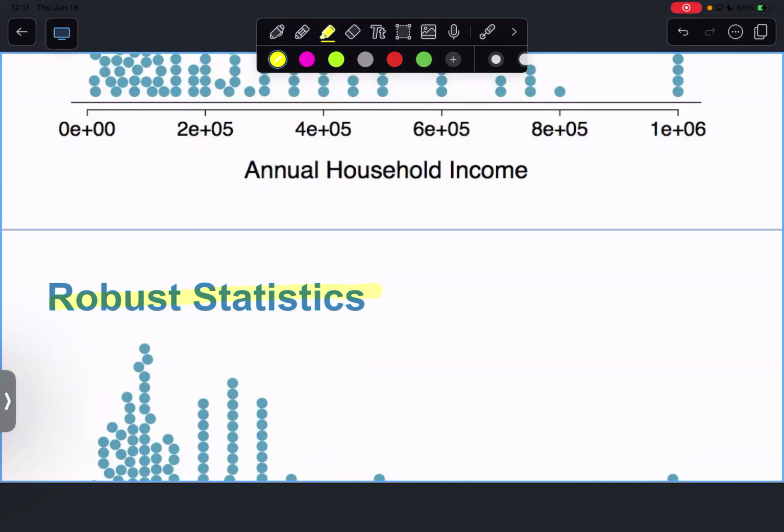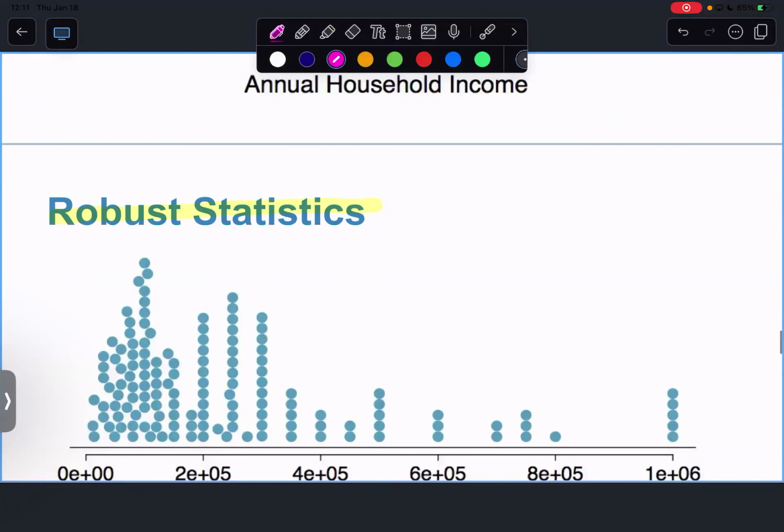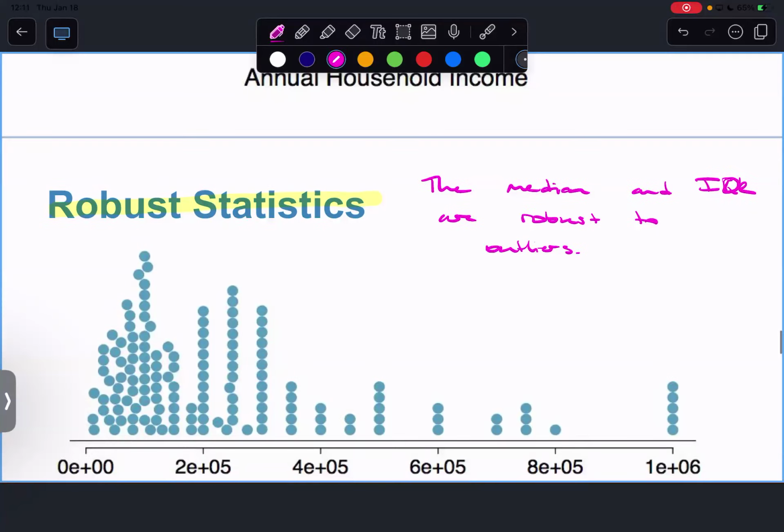So the median and IQR are robust to outliers. Right? They just kind of stay steady relatively, right? And they're not swayed by outliers.